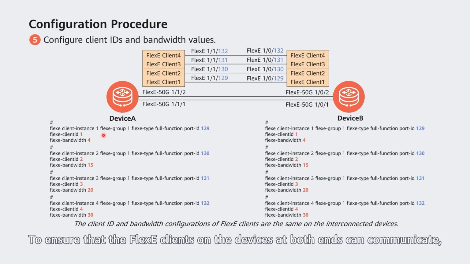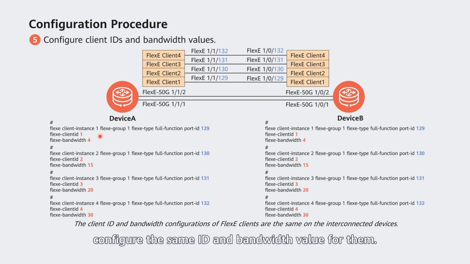To ensure that the FlexE clients on the devices at both ends can communicate, configure the same ID and bandwidth value for them. After configuration is complete, corresponding FlexE logical interfaces are generated. The first 2 digits of each interface number are the same as those of the corresponding FlexE physical interface. The third digit is the configured interface ID.